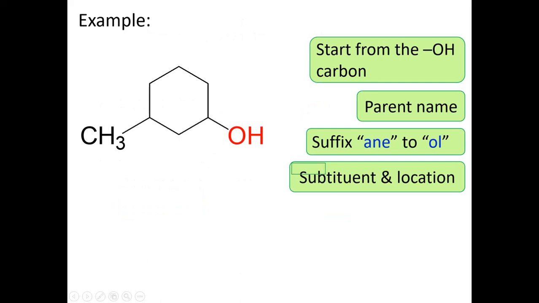For example here, the location of the OH will be the lowest number. You need to start from the OH carbon, start from number 1, 2, and 3. Basically, how many carbons are in the cyclic ring? 1, 2, 3, 4, 5, 6. 6 refers to cyclohexane.